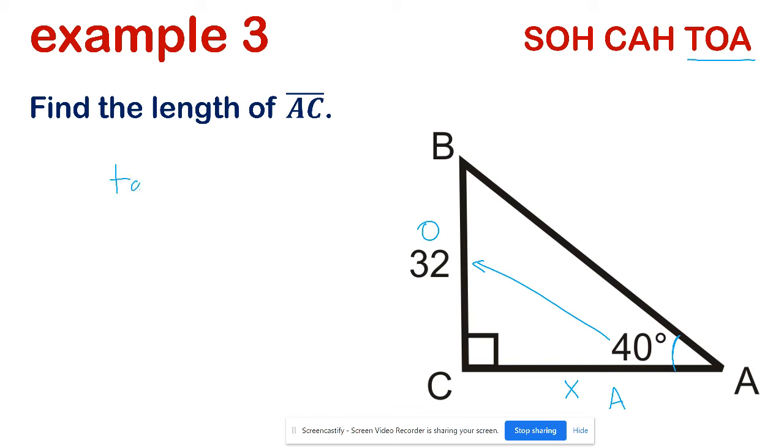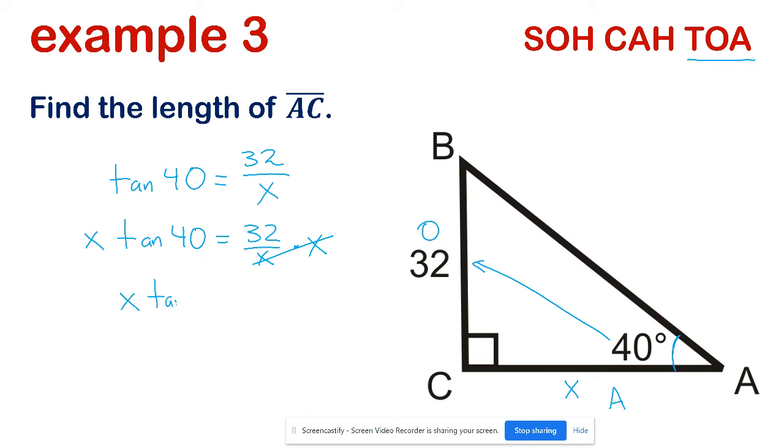Tangent of 40 degrees equals opposite, which is 32, over the adjacent, which is what we're looking for, and that's X. So just like before, I'm going to multiply both sides by X. The X's will cancel out on the right side. And then what I will need to do is divide by the tangent of 40 to get X by itself. So I will do that.